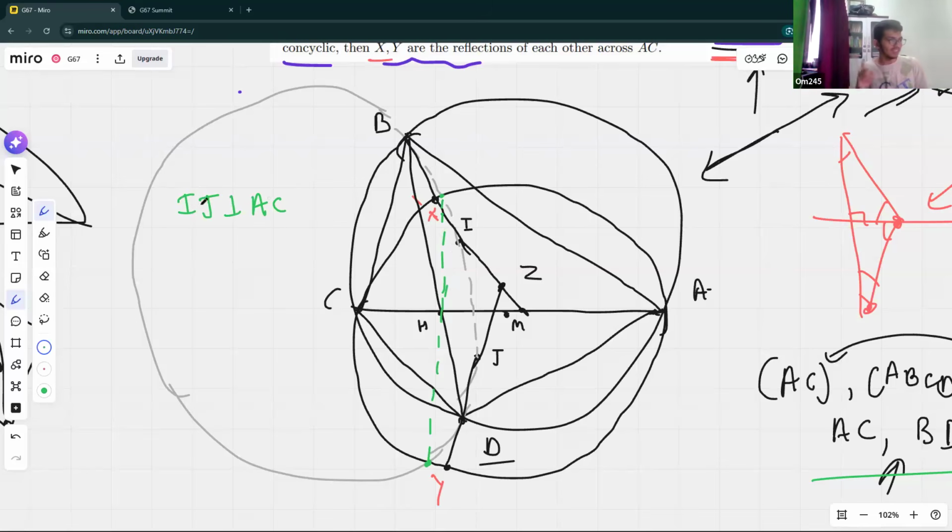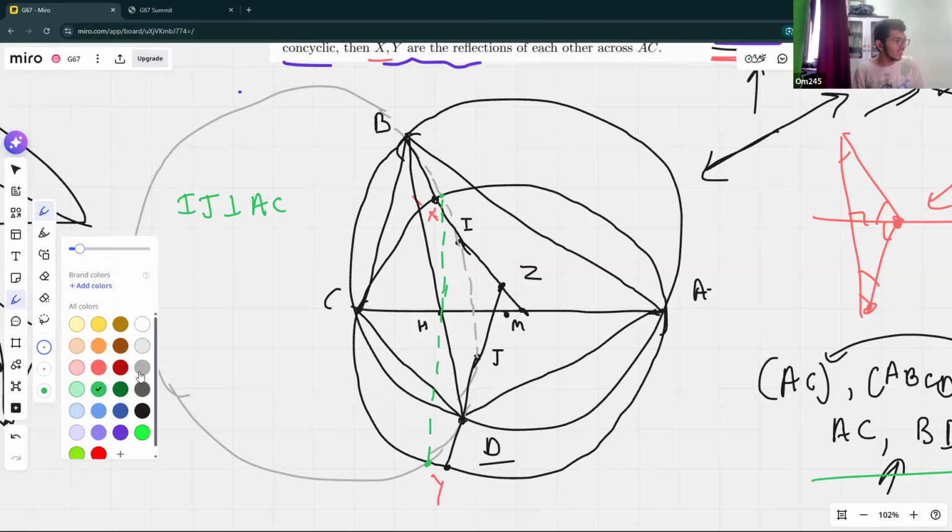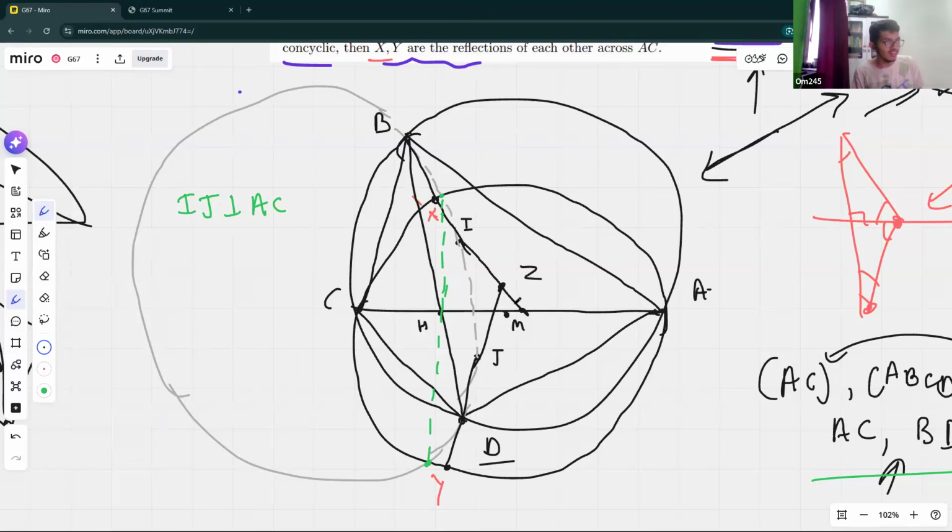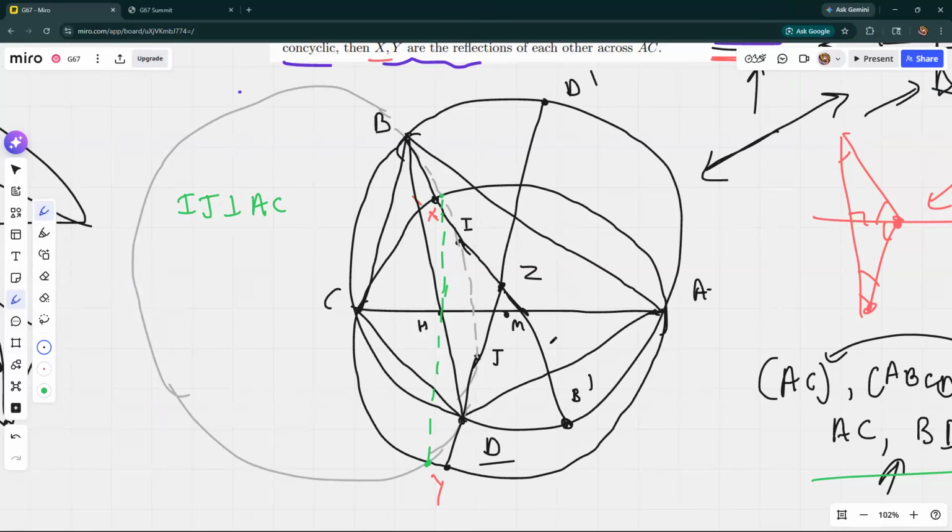The way Ronik mentioned, which is an easier way to solve this problem without angle chase, is to extend this to meet here, called B dash, and extend this to meet here, called D dash. What do you know about B dash and D dash? Because I is the incenter, they are midpoints. Yes.